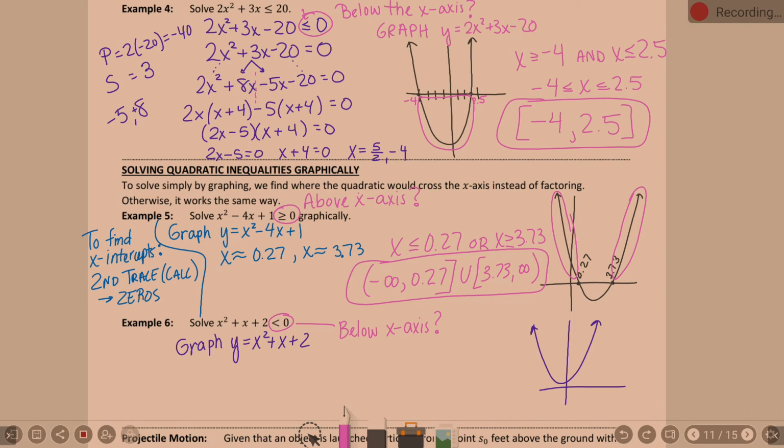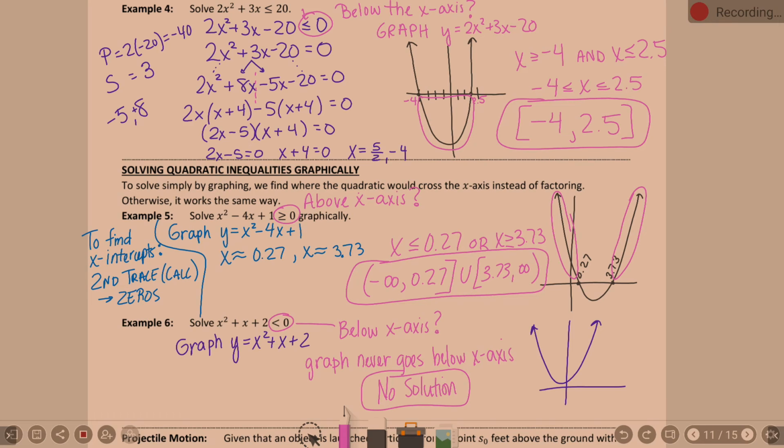Am I right on here? Graph never goes below the x-axis, so no solution. Shall we play the what if game?